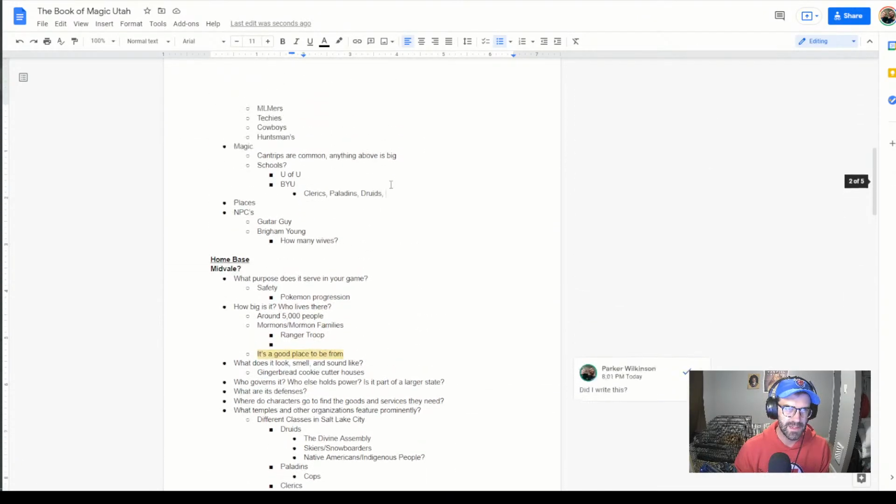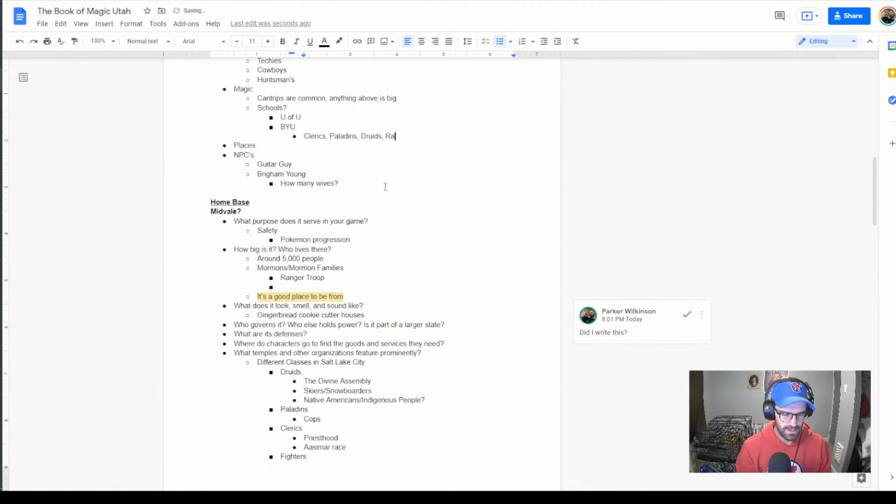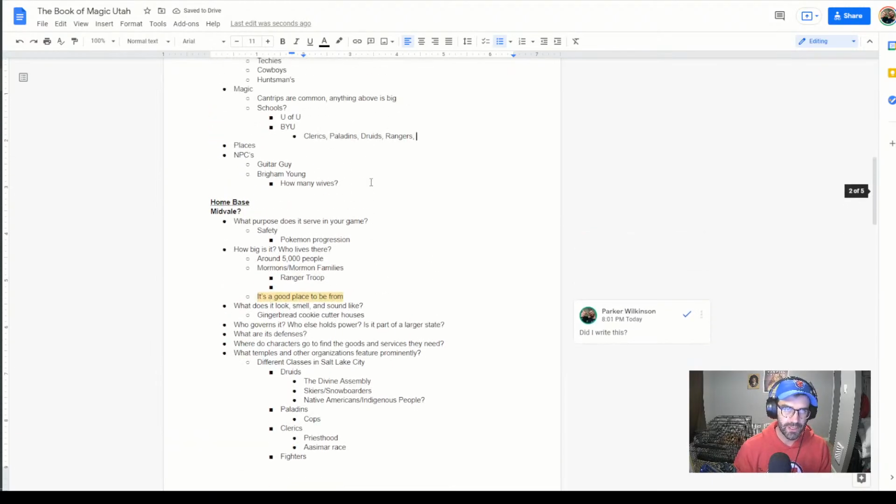Paladin, druids. They could definitely have rangers as well. Bards for sure. There's gonna be bards at both schools, absolutely.